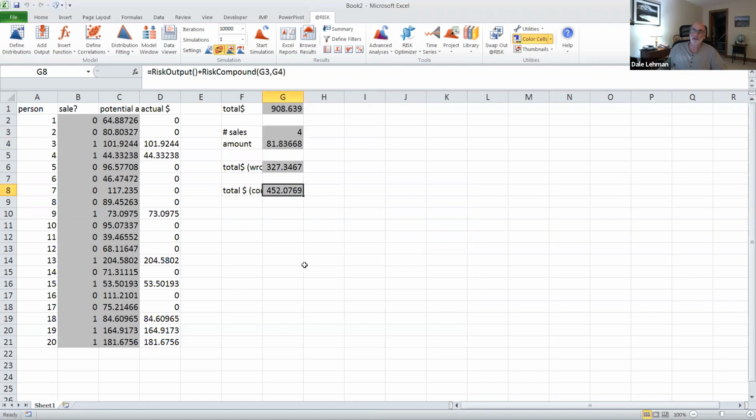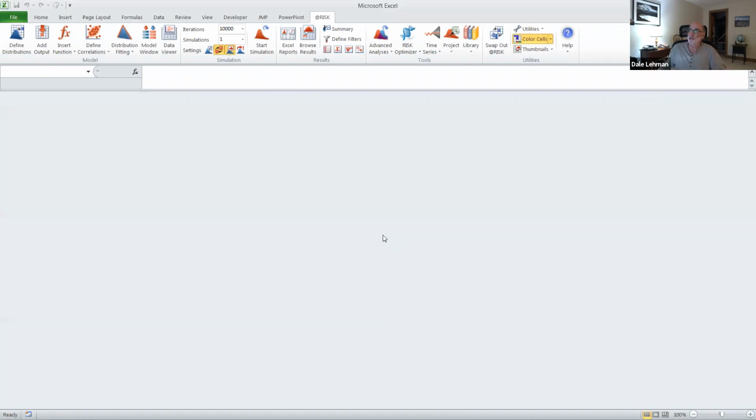Put the two together using the compound function. 3 lines handles the model that's on the left. In fact, if you had 1 million households, you only need 3 cells to build the same model, whereas on the left, you'd have to write out all 1 million. So it's a very quick way of getting a simple, short model that captures a lot of information. So let me go to my more complex example.